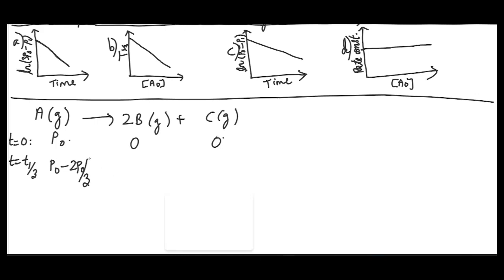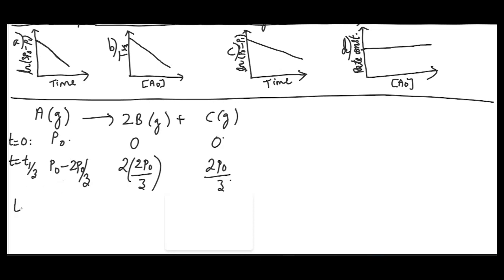So if 2 P0 by 3 is reduced from A, that much value adds stoichiometrically to B and C. That means 2 times 2 P0 by 3 would be the partial pressure of B, and 2 P0 by 3 will be the partial pressure of C. So A becomes P0 by 3 then.